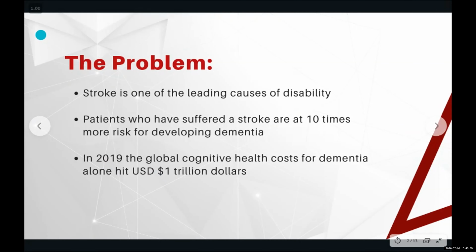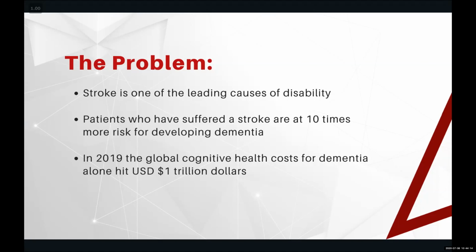The problem I'm going to be identifying today is going to be around stroke. Again, our program is going to go beyond just stroke, to dementia and concussions, but for today's session, we decided to just focus on one of the areas.